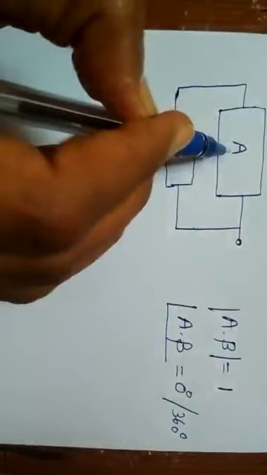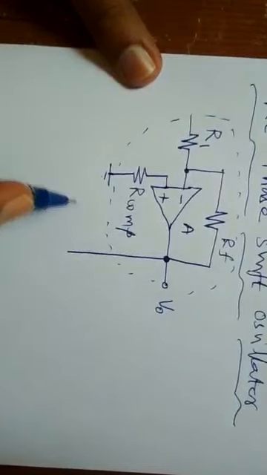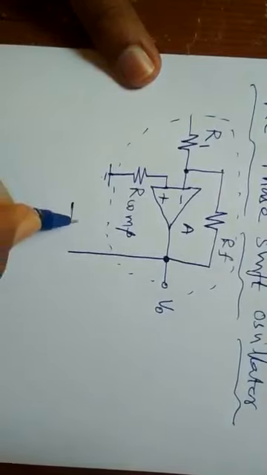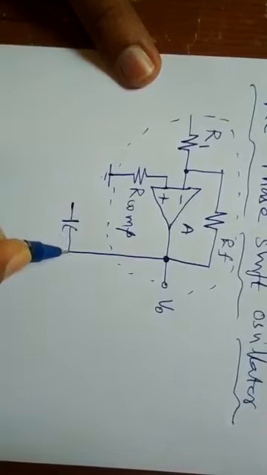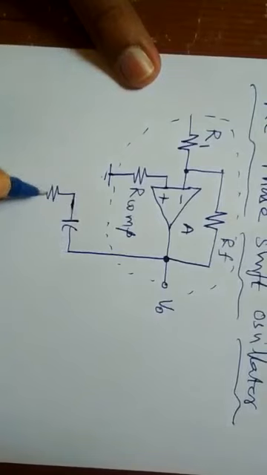And the feedback path, feedback means output is connected to input. So this output is connected to the input side of the operational amplifier with a feedback network, as I said already, like 3 RC pairs.